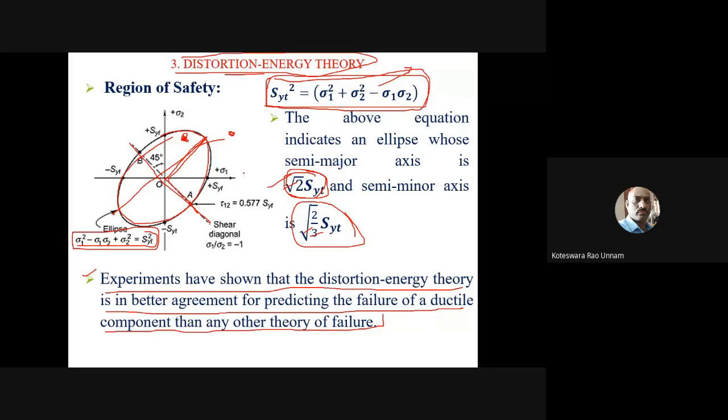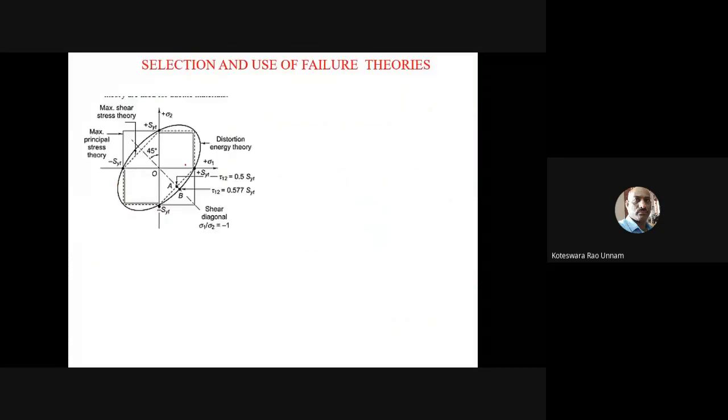Now we want to compare all the three failure theories we have discussed on a single curve, something like this. If I superimpose the failure envelopes of those three theories, this is the shape. This square is for the Rankine theory, the maximum principal stress theory.